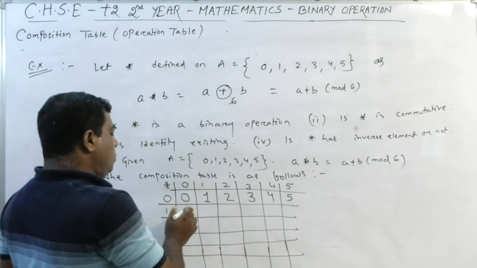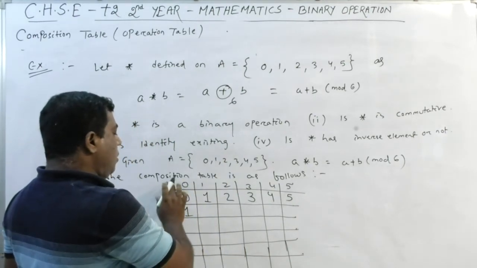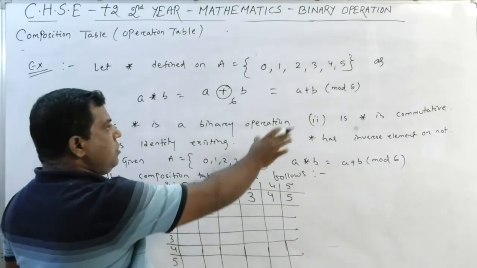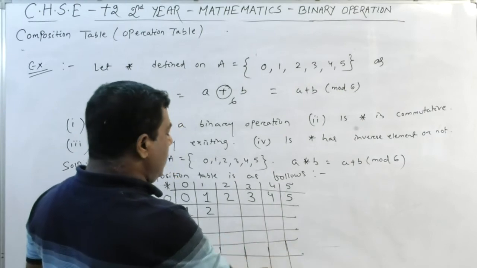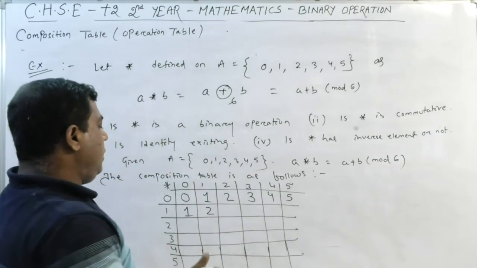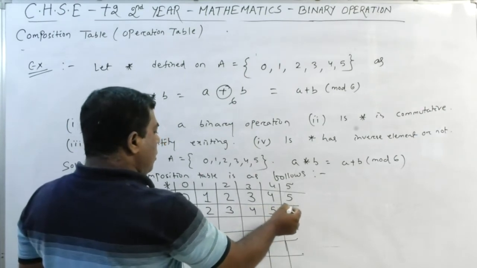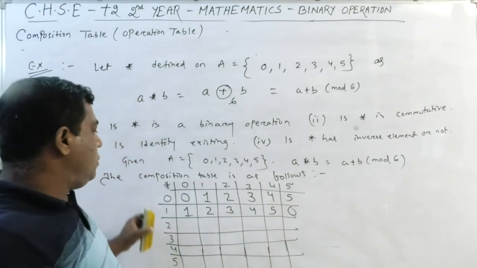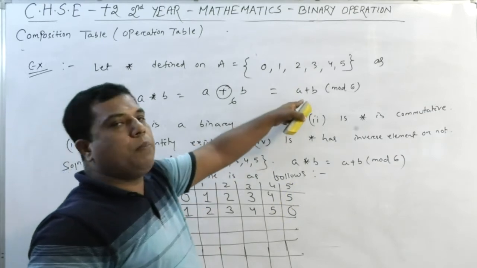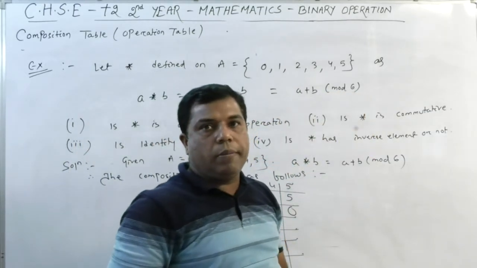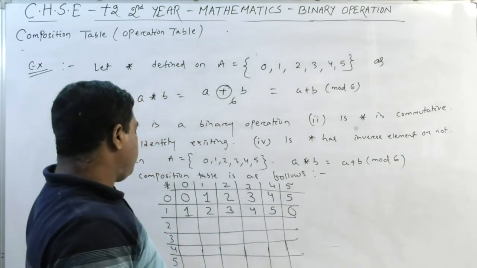And 1 operation 0 is 1, 1 operation 1 is 2, because it is the remainder obtained. Similarly, we can fill all the things: 3, 4, 5. And here we obtain 0, because 1 star 5 means 1 plus 5, 6, and 6 divided by 6 has remainder 0.